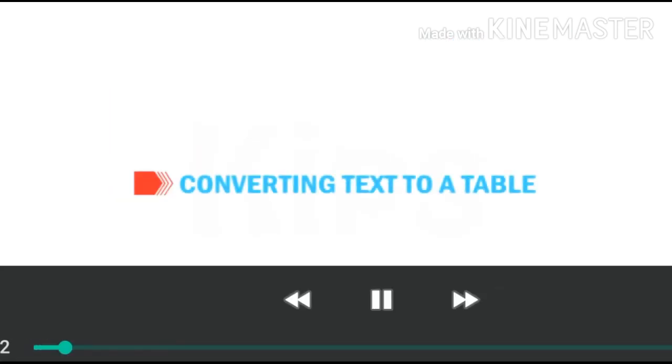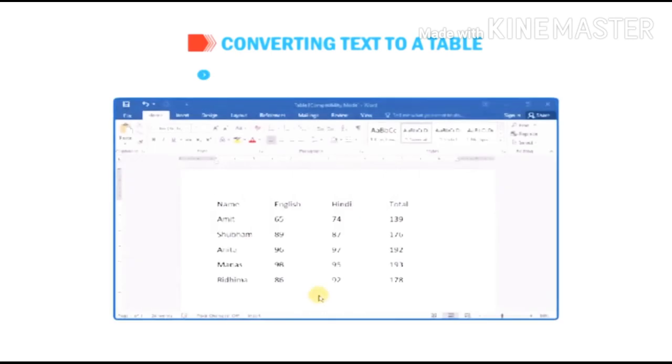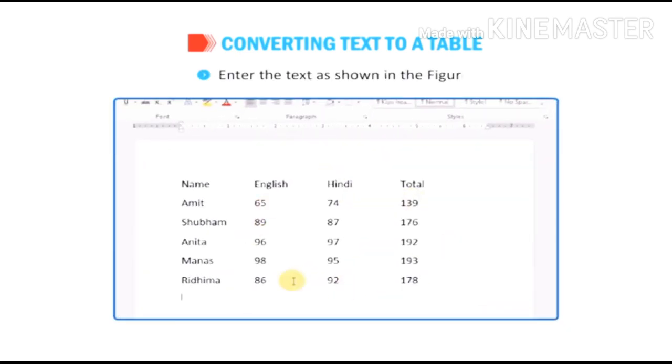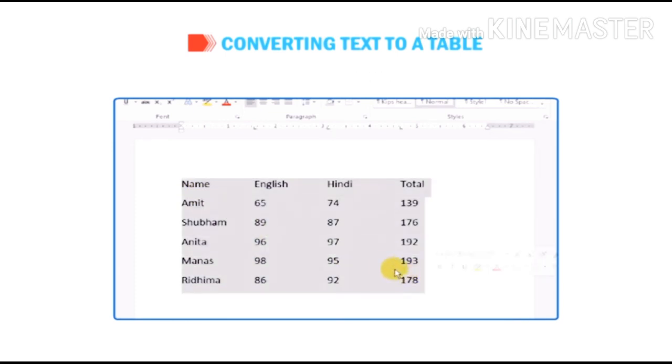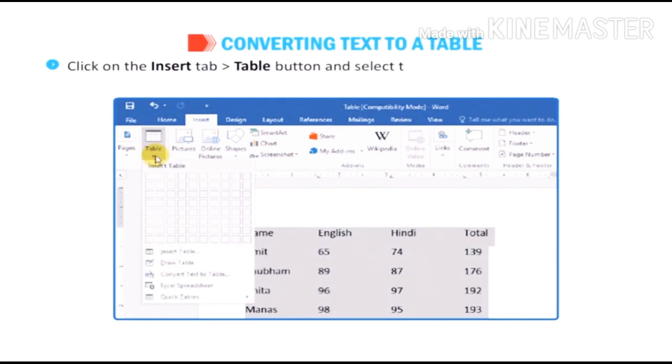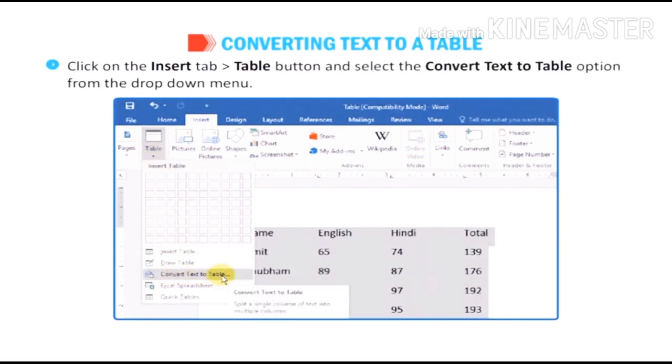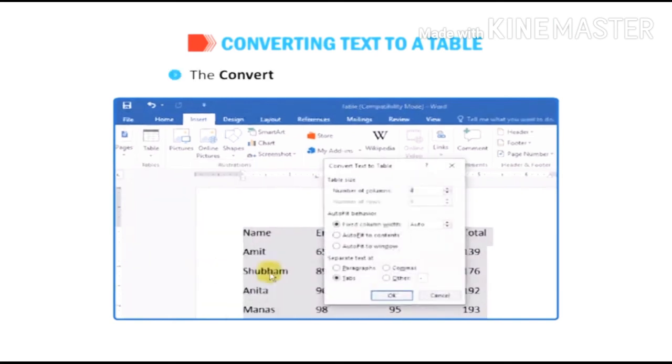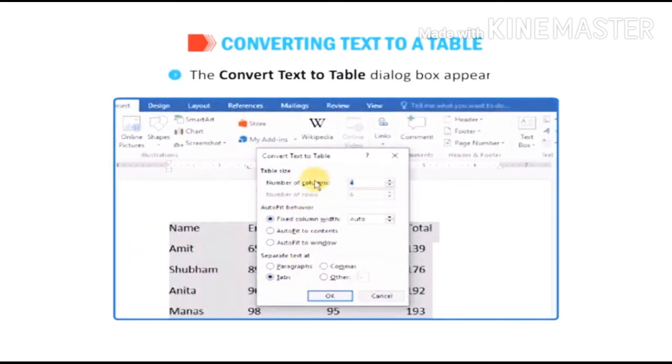Now, how to convert text to a table. You can also convert existing text to a table. Enter the data as shown. Select the text, click on the Insert tab button and select Convert Text to Table from the drop-down menu. The Convert Text to Table dialog box appears.